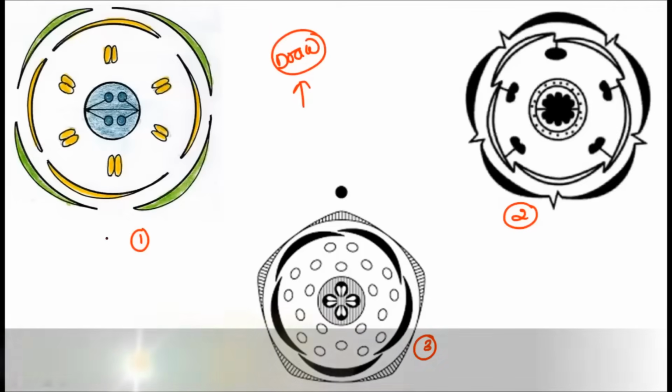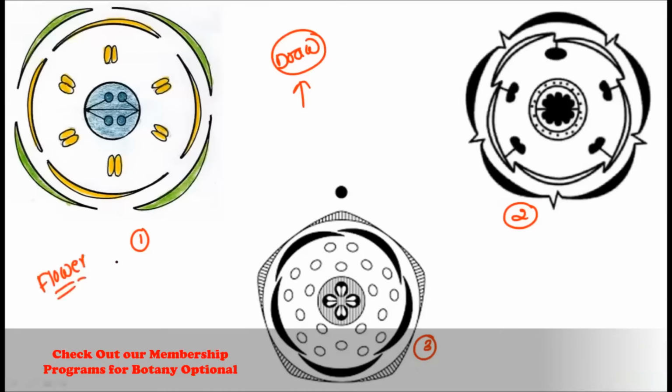Now let us see, every floral diagram is a representation of the flower parts. When we study the flower, the particular floral diagram is created from the different flower parts. So you can see the first floral diagram, the second, and the third. All three diagrams look very different from one another.